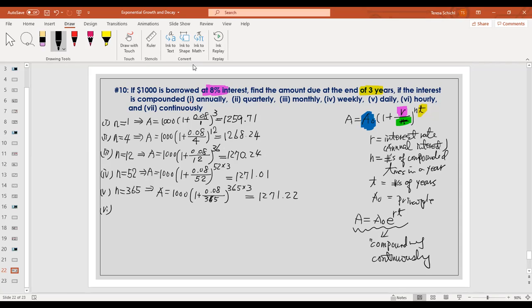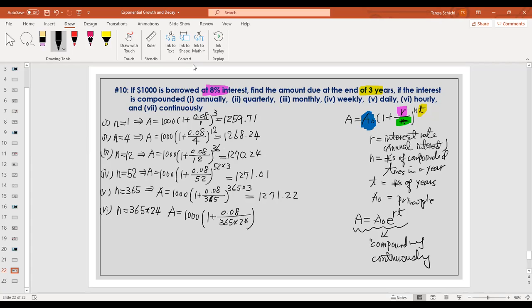All right, hourly. So what is my n? N is going to be 365 days times 24, right? And now your money here will be 1,000. So this is 1 plus 0.08, raised to how many times? 365 times 24.